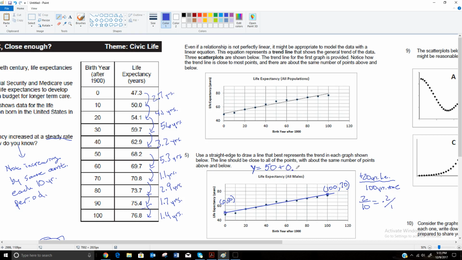It looks like we're going up 0.2 years for every gain in a year. So I'm going to call these my x's and these my y's. So I started at 50, and what I'm doing is sloping up at about 20 years per 100 years. If I divide that, I get 0.2. So that's my slope.